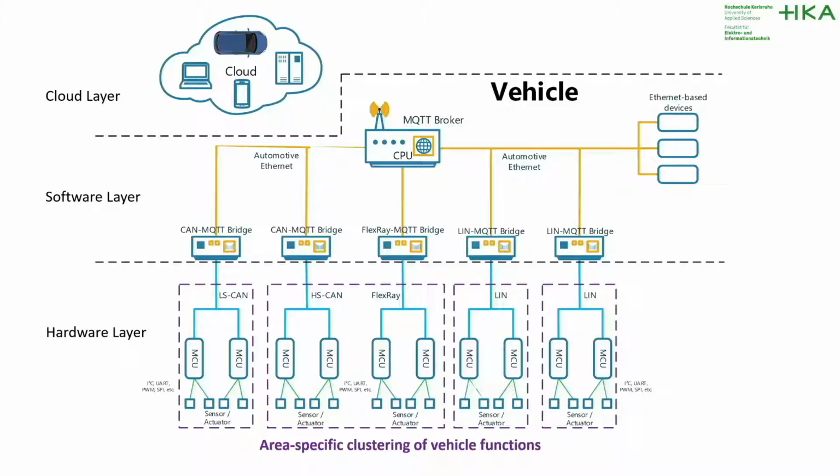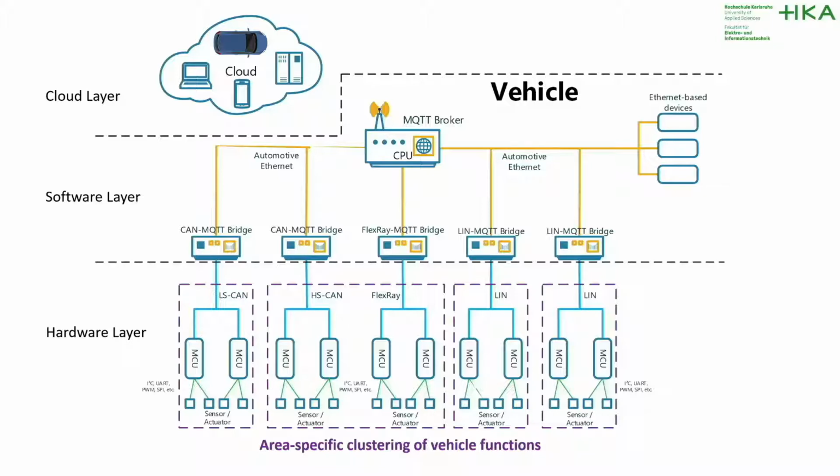The software layer mainly consists of a high-speed bus, like automotive Ethernet, and the high-performance, centralized processing unit. The MQTT bridges transfer all data from the hardware layer to the CPU, and the other way around. The CPU also implements an MQTT broker and a wireless access point to interface with the cloud layer.